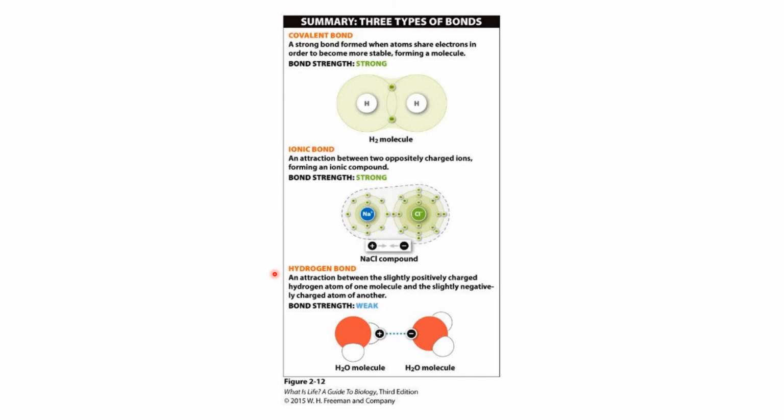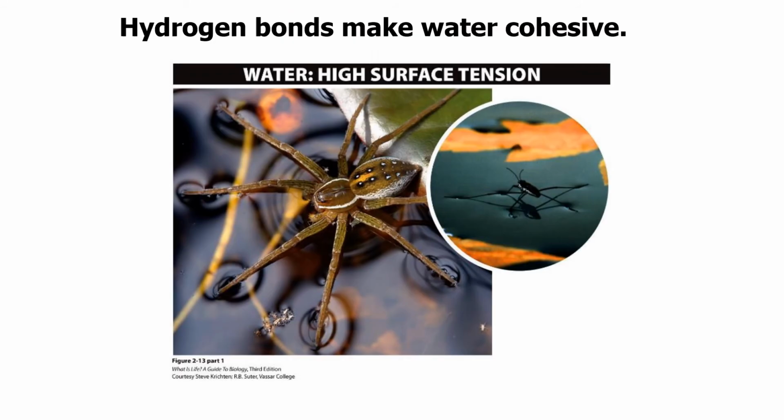It could be oxygen, it could be any other element. As long as it's slightly negative, you are going to have a hydrogen bond between the hydrogen and, again, whichever negative atom you have.